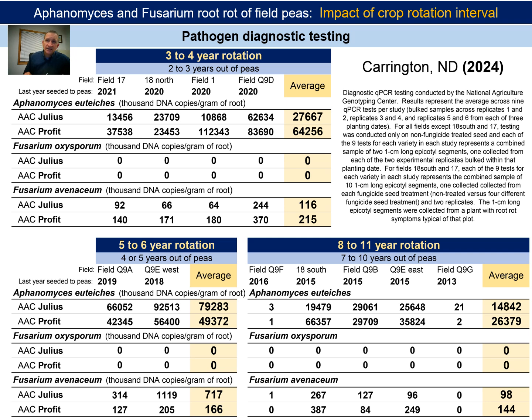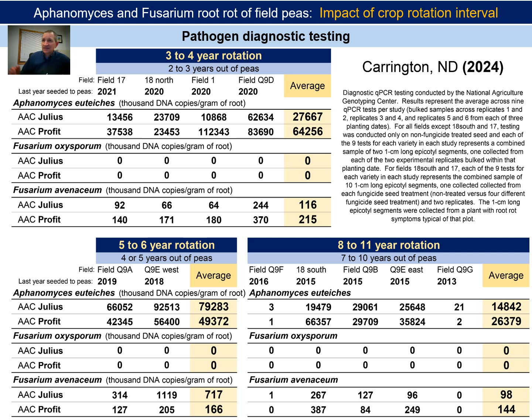So what these diagnostic testing results suggest is that Aphanomyces was a very, very important contributor to the observed root rot, just like the symptoms would have indicated. Now, what you need to be aware of, even though the levels of Fusarium avenaceum are very low here, Fusarium avenaceum is not the only species of Fusarium that can contribute to that root rot.